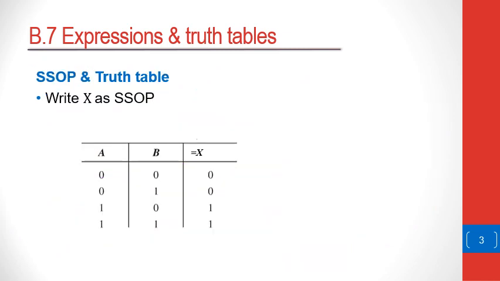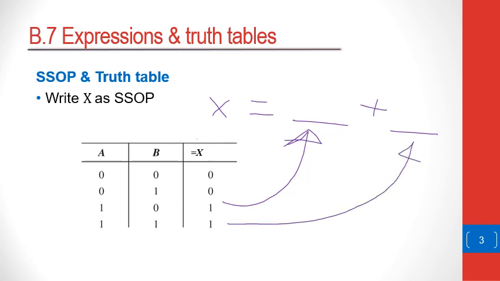Now let's say we are given this truth table and we are supposed to write X in standard sum of products. The first thing we note is that we have 2 ones, which means X is going to be some product plus another product. The first one is 1, 0: A is 1, B is 0, so B becomes complemented.